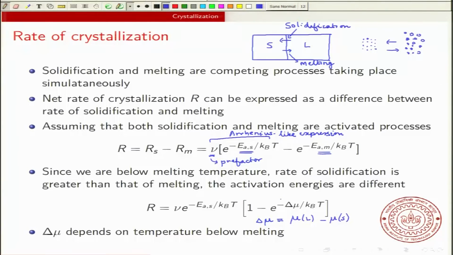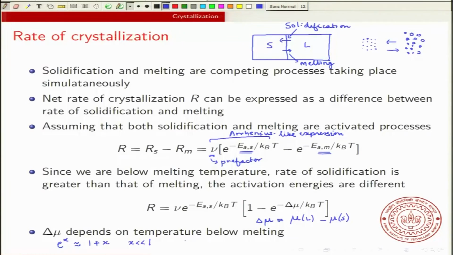And you can do what is called a Taylor expansion. You can use the fact that e to the x is approximately equal to 1 plus x for small x, when x is less than 1. So when x is very small, you can use such an expression.